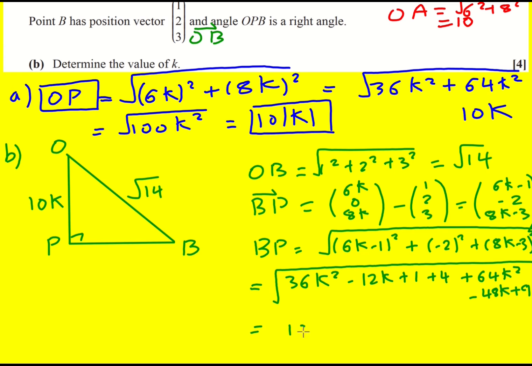This will become 100K squared, and then I've got minus 60K. Then 1 plus 4 plus 9 is going to give me 14. All right, I'm going to put that one here.